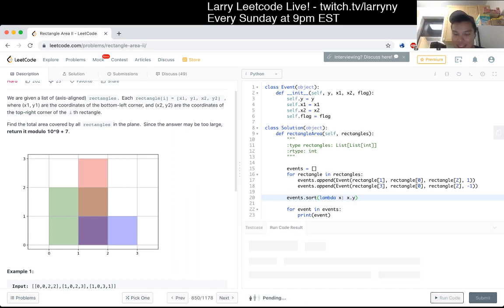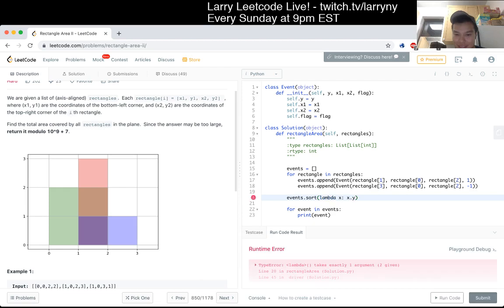Oh, what am I thinking? Oh, key. I actually don't remember the syntax. Give me a second. Oh, key.